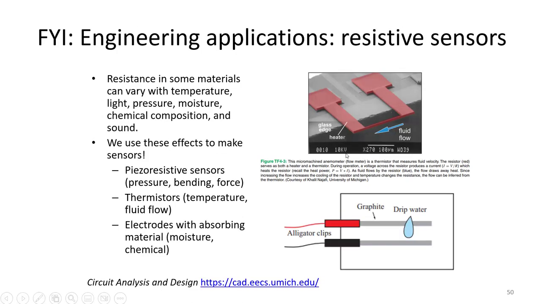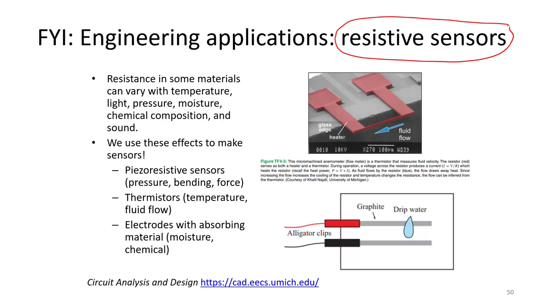Finally, let's end with a couple cool applications. Why do we bother learning about this stuff? Well, first, as we hinted before, a lot of these basic principles are used in resistive sensors. So many sensors in the real world rely on electrical properties like resistance.